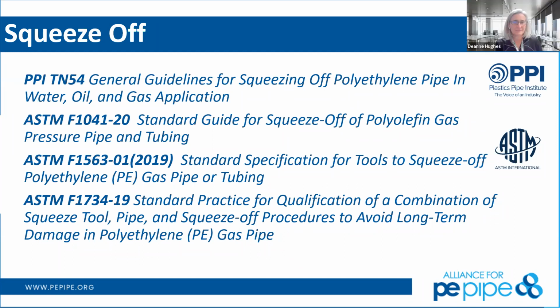And a lot of times, even though a DR11 is rated at 200 PSI, the only operating pressure within the utility is 55. So there's conservativeness, not only in the material design, but also in the operating pressure that we'll put through there.